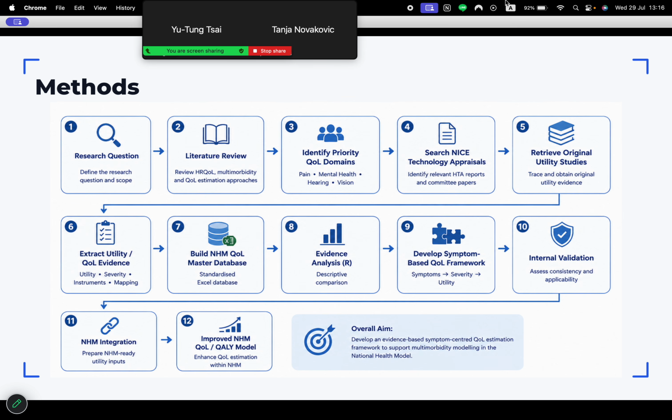And this is also why I was saying for the vision, once you have that tied in, things like the pain and the mental health symptoms associated with that are just going to be changing this NHM quality of life database. For your thesis, it's not going to be a requirement that this National Health Model Quality of Life Master Database is completely comprehensive and covers absolutely every single disease.